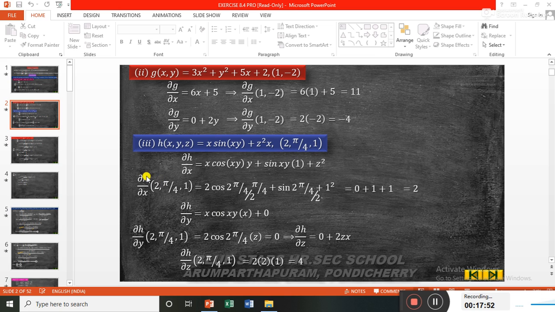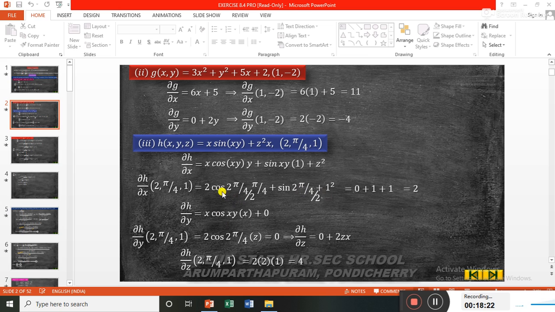Therefore ∂h/∂x, I substitute the point (2, π/4, 1): x equal to 2, y equal to π/4, z equal to 1. So 2 cos of the x value 2 into the y value, that means π/4, plus the y value again π/4, plus sine of the x value 2 into the y value π/4, plus the z value 1.